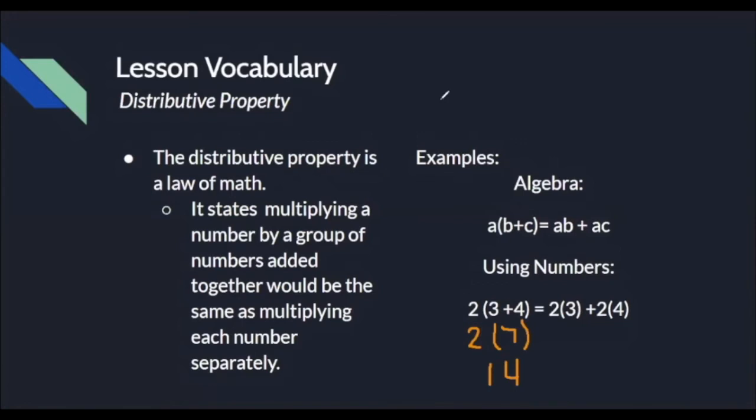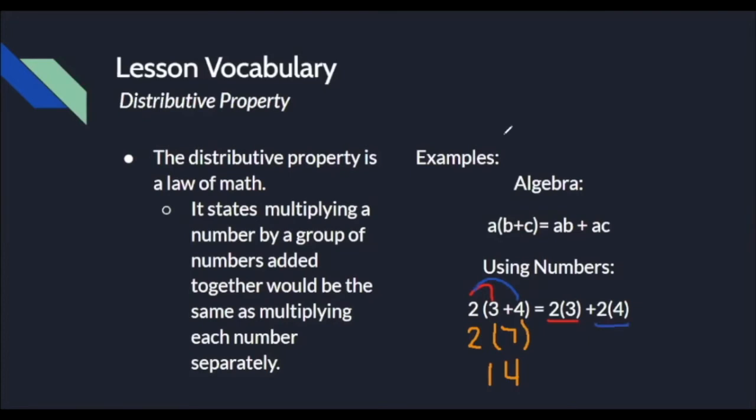The distributive property basically states that I will give out, distribute, in math, that simply means to multiply the number 2 by everything that's inside of the parentheses. So I'm going to give this 2 to the number 3, or 2 times 3. And I'm also going to give this number 2 to the number 4, 2 times 4.